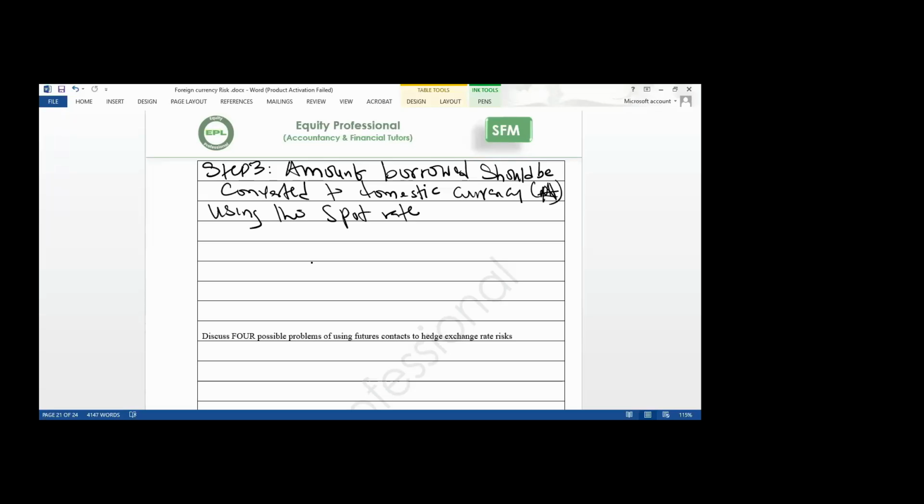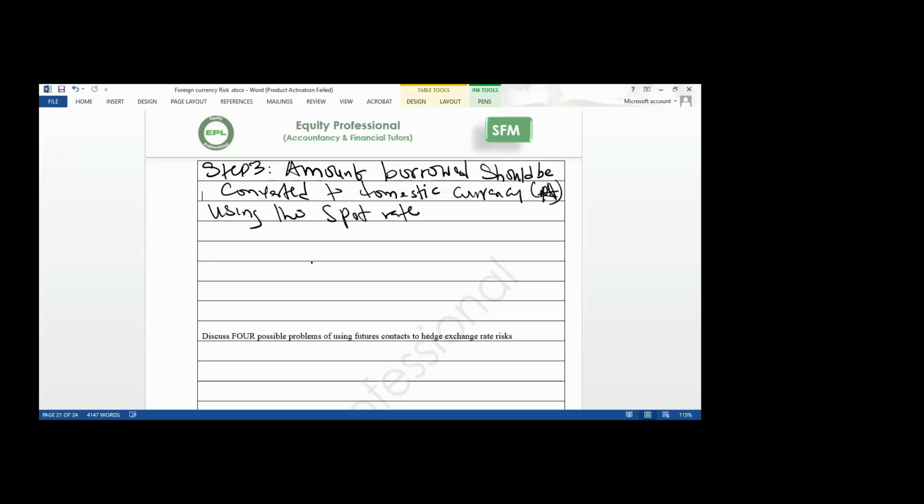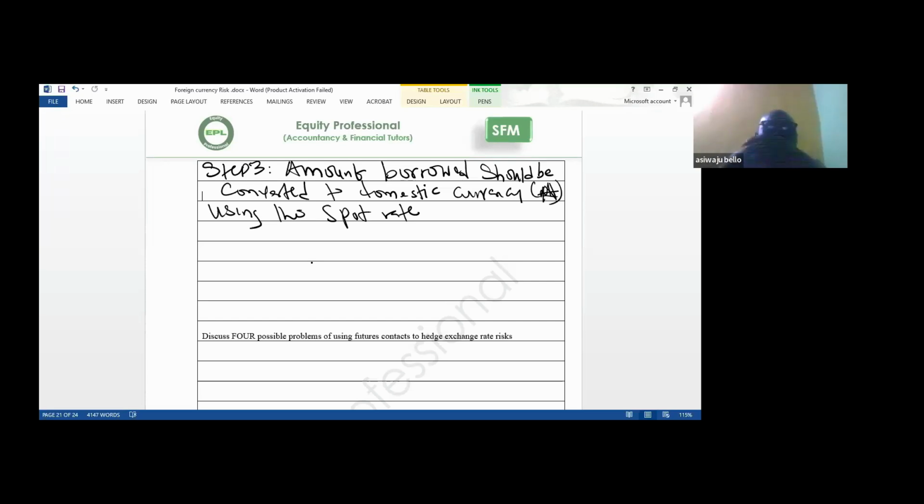We have borrowed an amount in dollar. That means we have the cash. We now need to convert this cash to our local currency.